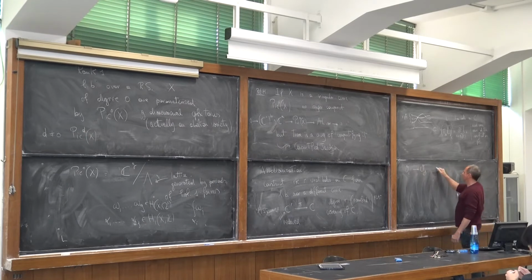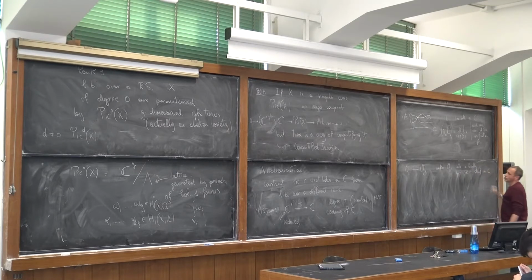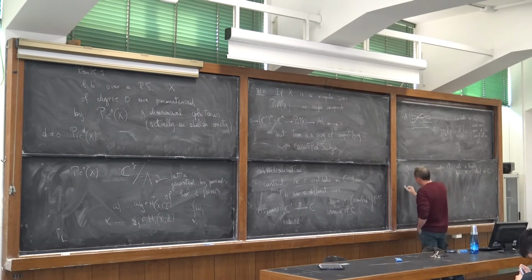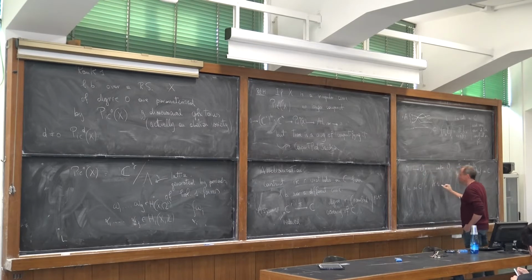So this map makes O_C prime into a locally free rank R sheaf on C. So a line bundle on C prime is the same as a rank 1 O_C prime module.